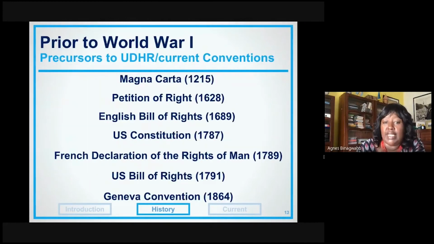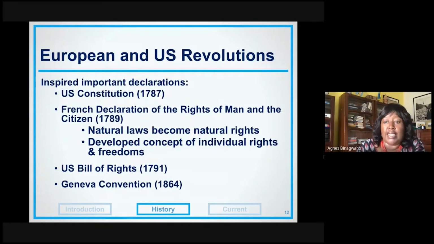But none of these documents protected the people colonized against slavery, mistreatment, killing, and stolen and confiscated property.